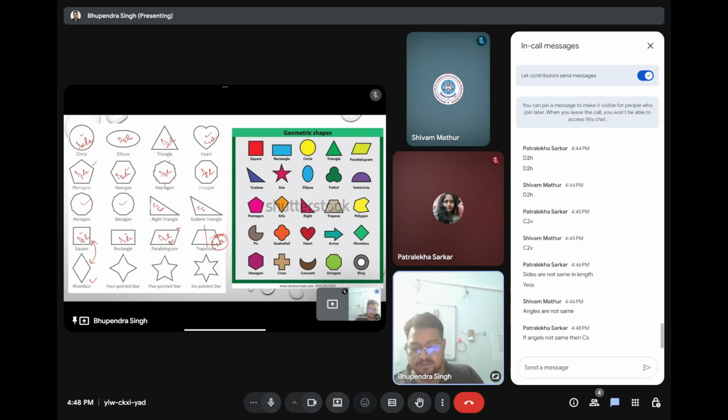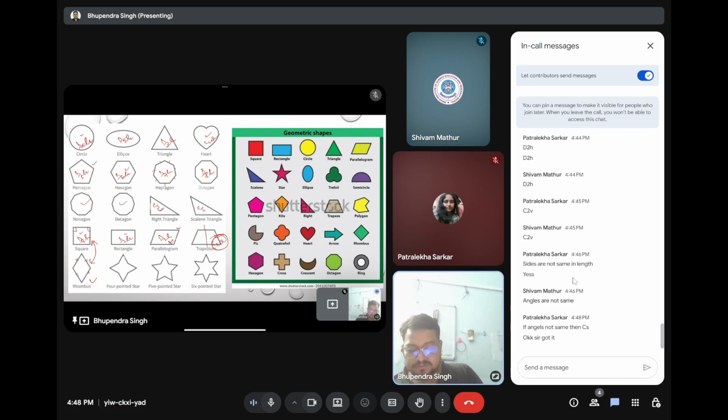Rhombus and square have all the sides the same, I mean equivalent, and the angle between them is 90 degrees. But here in this case sides are of equal length, but these angles are not necessarily 90.